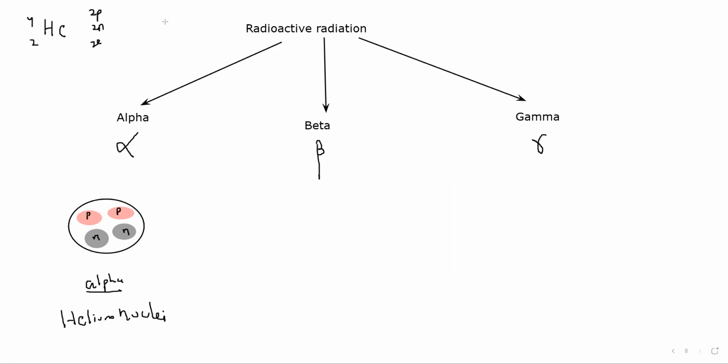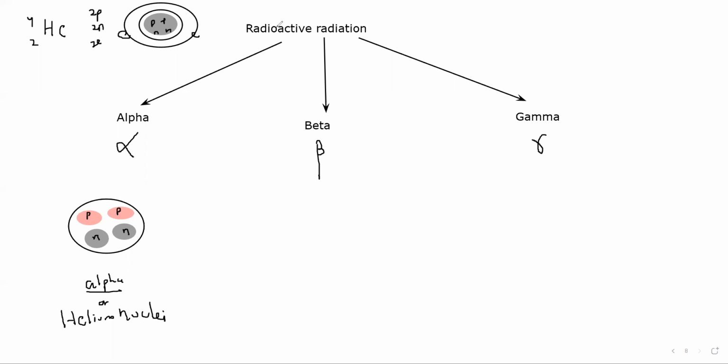Inside the nucleus, we have two protons and two neutrons, and around the nucleus we have two electrons. But you can see that this part, two protons and two neutrons, resembles the alpha particle. So that's why the alpha particle is also known as helium nuclei. This is another name for the alpha particle.